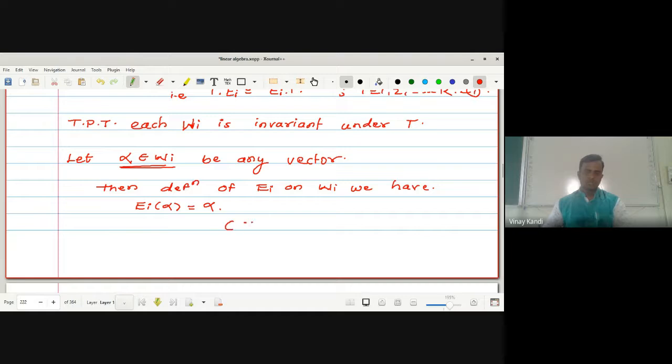So that means Ei acts as an identity operator on Wi. Is it correct? That means take any vector of Wi, Ei of alpha is alpha. Any doubt?